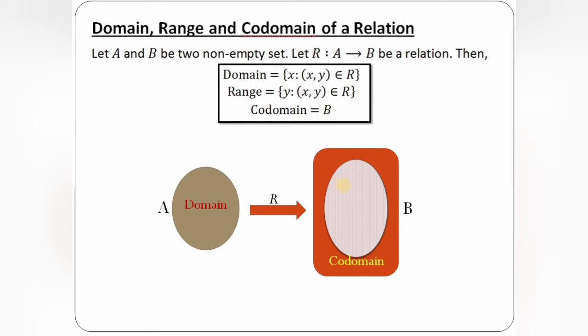And the part of the codomain which is being mapped with the elements of domain, that means x is getting mapped to y, isn't it? So if I consider that these are the only y's, then this part gives you the range. From the diagram you clearly see that range is a subset of codomain. So you need to remember this thing, that is, range is a subset of codomain.